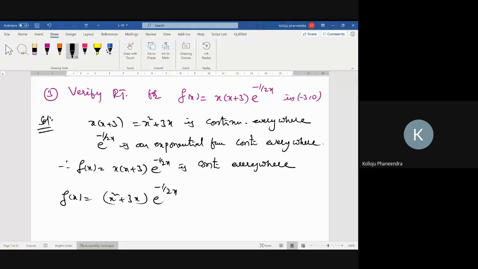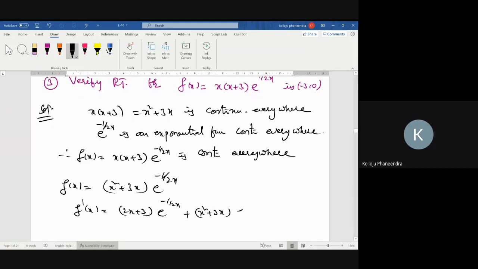Now, what is f dash x if you calculate this? 2x plus 3 into e to the power of minus 1 by 2x plus x square plus 3x into the derivative of e to the power of f of x, which is e to the power of f of x into f dash x. f dash x means, 1 by x derivative is minus 1 by x square. So 1 by 2x square you will get.